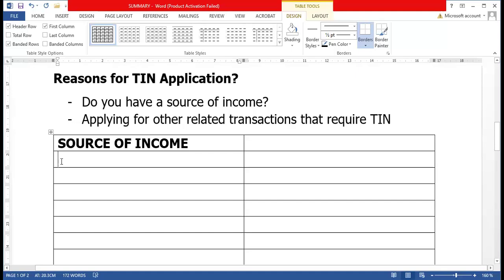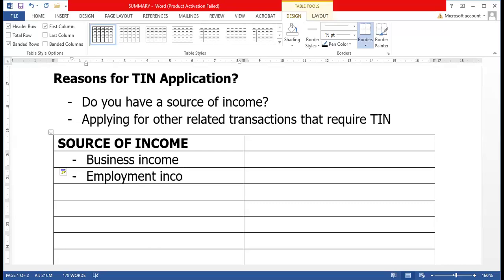If you have a source of income, for example, you have a business and you're earning an income, if you're running a business, of course you have business income. You must pay taxes. Okay? It could be that you are earning employment income. You are employed somewhere.